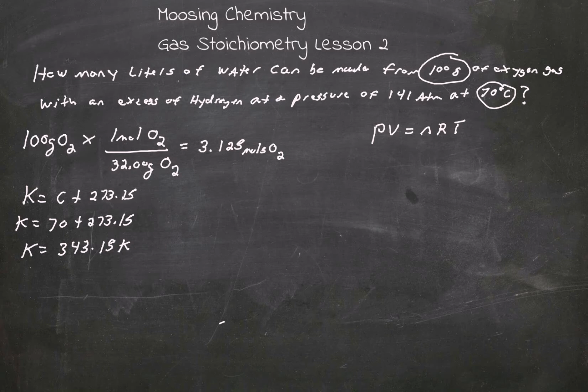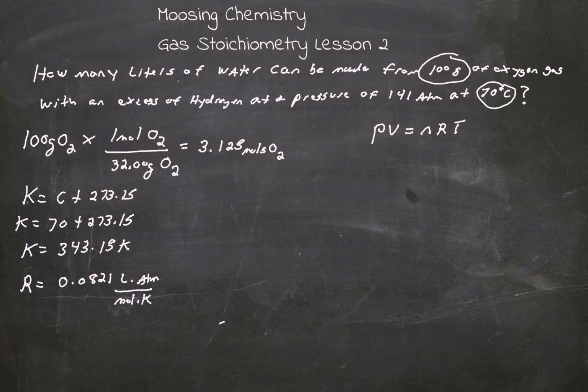Now, our R value is our gas constant, so it's going to be 0.0821 liters times atmospheres over moles times Kelvin. I think we're about ready here.